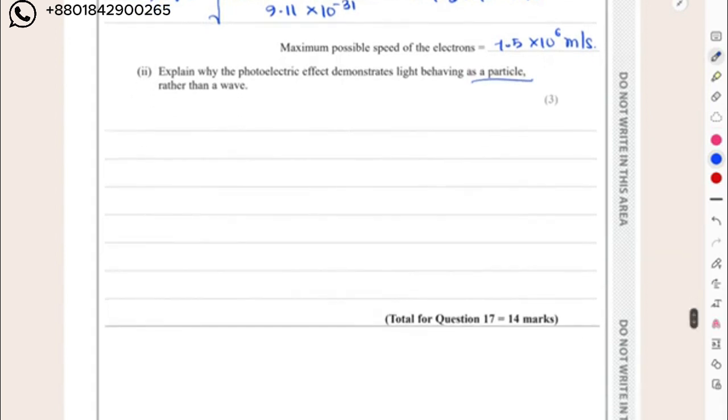So we'll just write the answer that the energy of a photon increases as frequency increases.